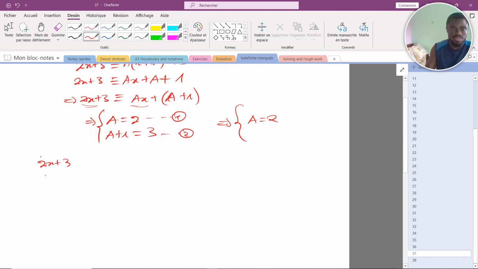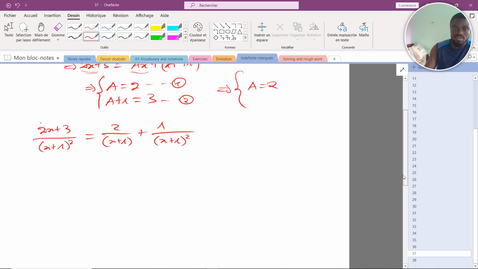So 2x plus 3 all over (x plus 1) squared is equal to, in partial fraction, our a is 2 all over x plus 1, plus our b is 1 all over (x plus 1) squared. When we have already done this, we can easily integrate them.